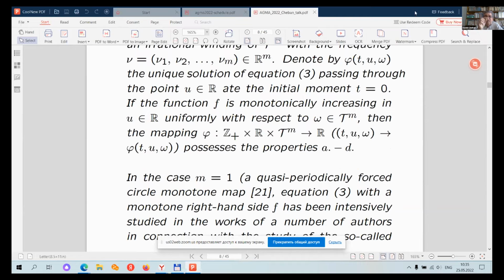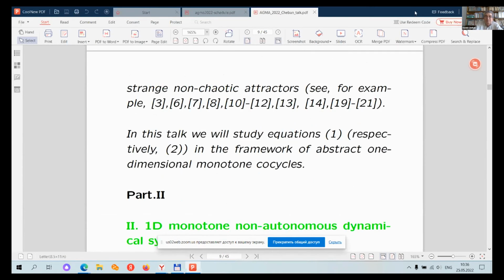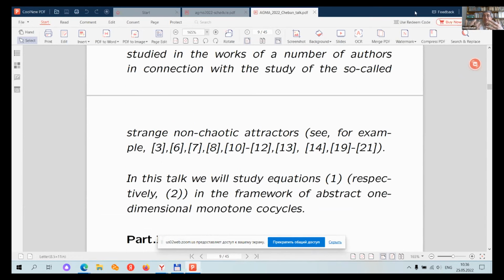In dimension one, once the torus is one-dimensional, this type of equation was intensively studied in the literature. There exist many publications dedicated to the study of this type of maps or equations. Namely, this series of publications was stimulated by studying so-called strange non-chaotic attractors.